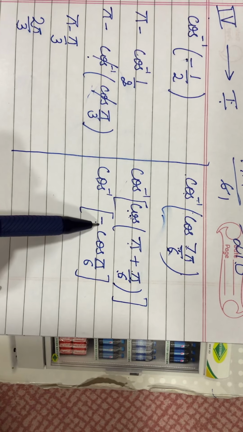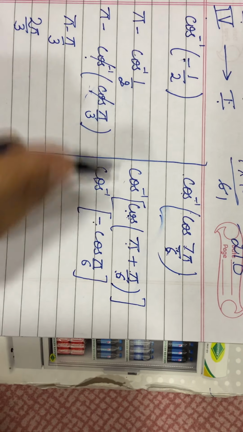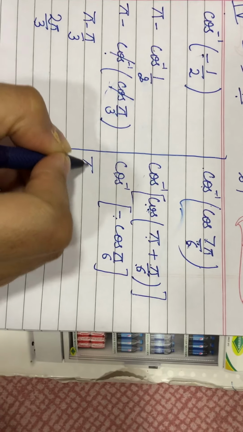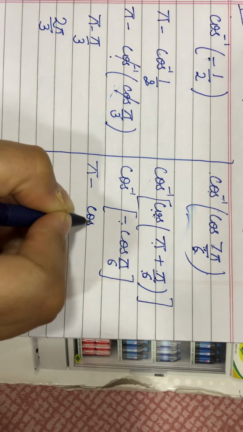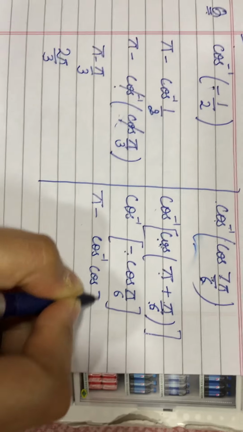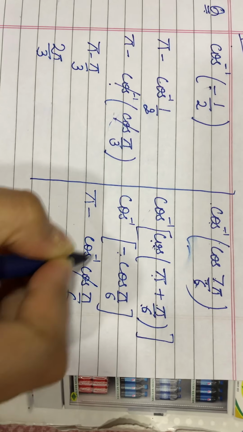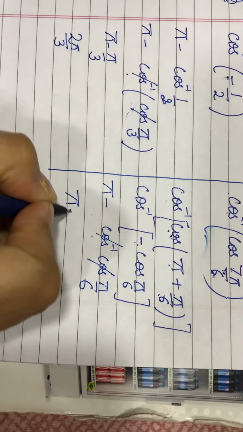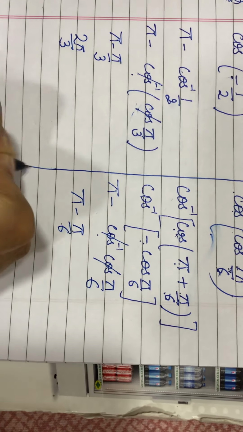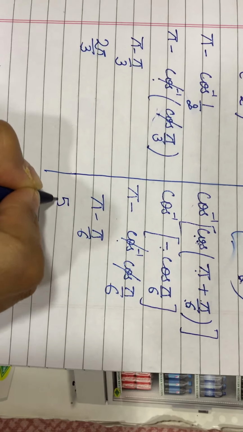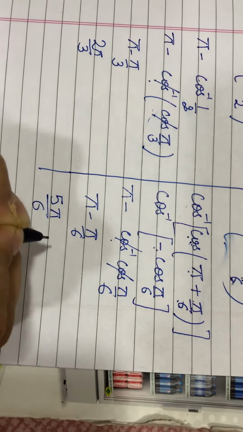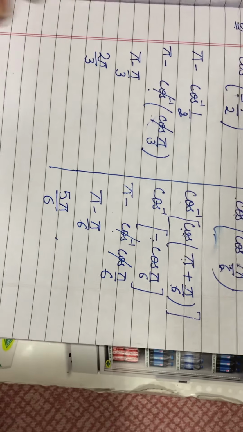If cos is in the negative form, then the rule is pi minus cos inverse cos pi by 6, this will cancel. Pi minus pi by 6, that is 5 pi by 6. Do these two questions, then I will discuss some more questions with you later on.